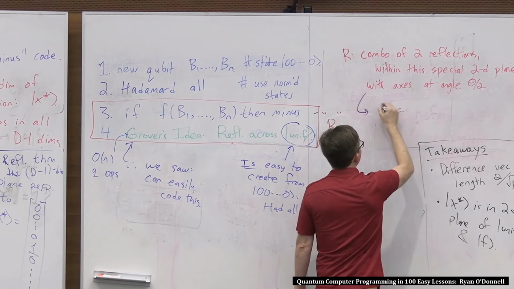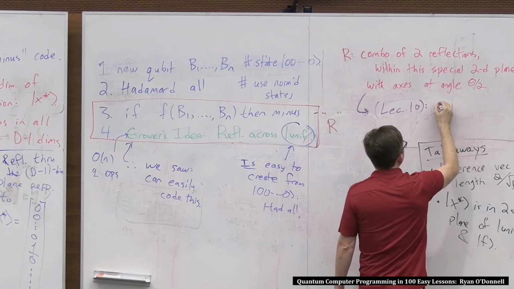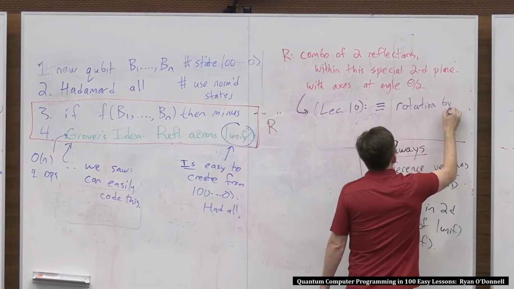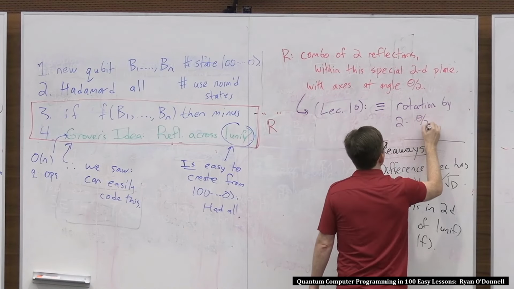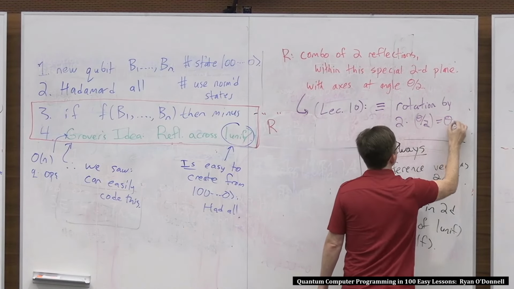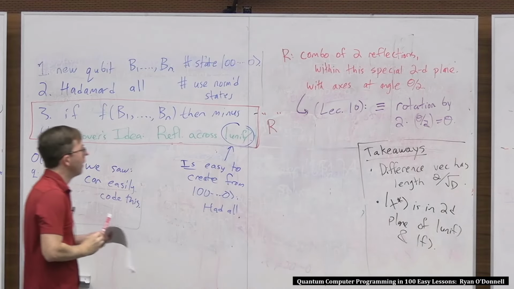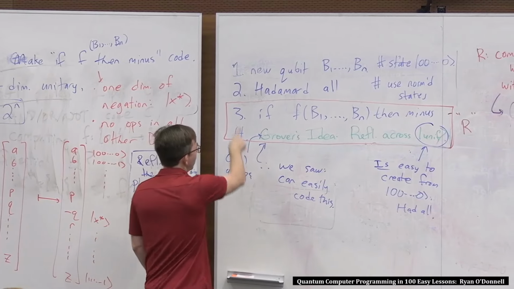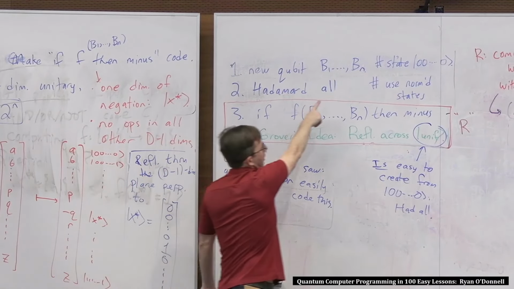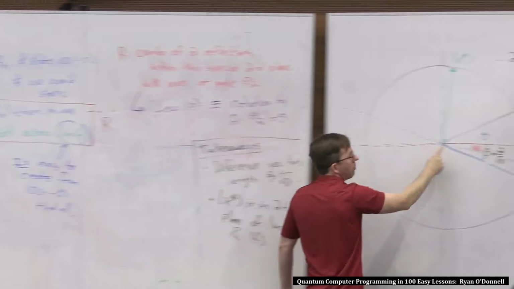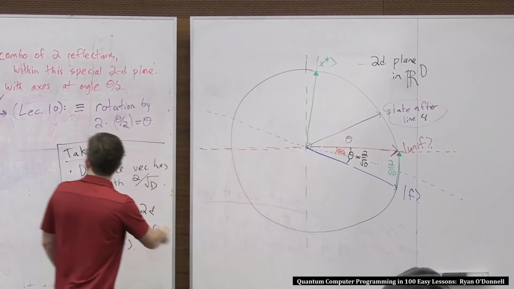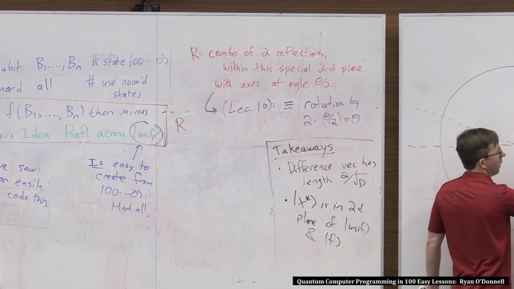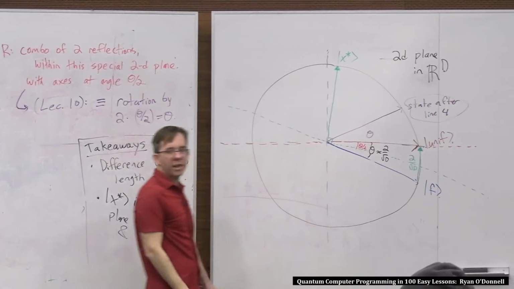But like we saw in lecture 10, this means it's equal to a rotation by 2 times theta over 2, which is theta. And we can see this from the picture, right? After line 2, we got to this red uniform. Then we effectively did R, and it went whoop, whoop, but it overall got rotated by theta.